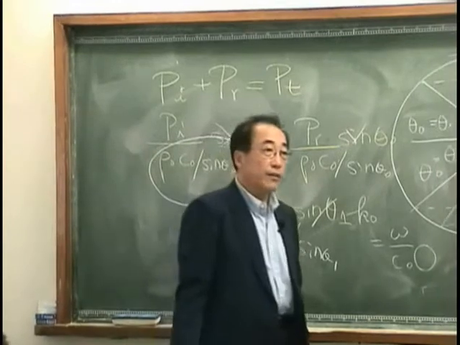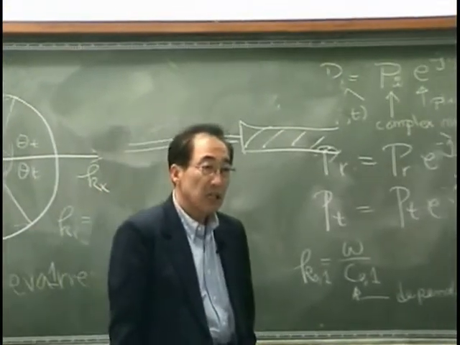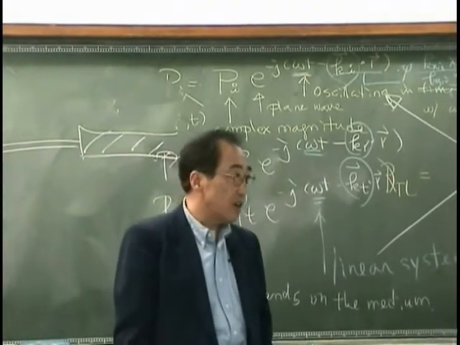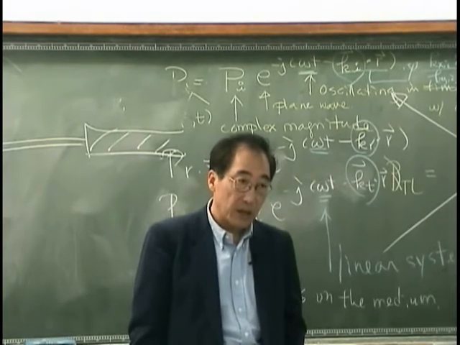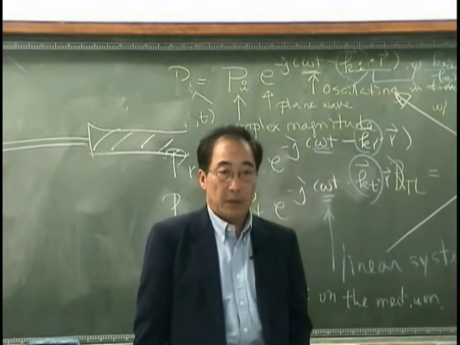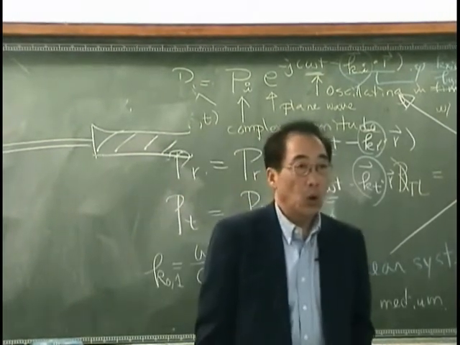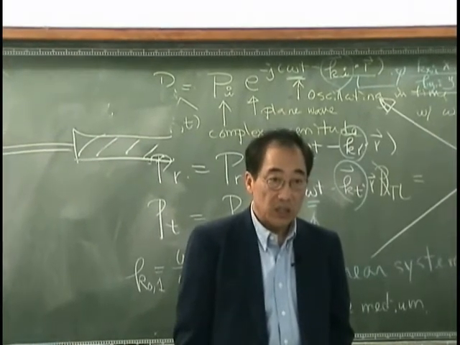So when we have oblique incidence, the characteristic impedance is rho 0 c0 divided by sine theta 0. Okay? That we call what? Oblique impedance.